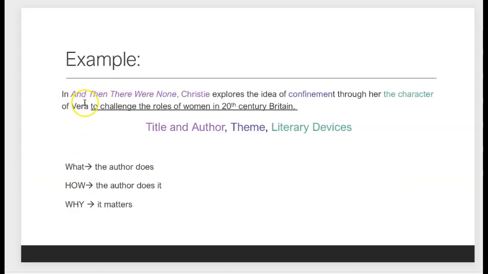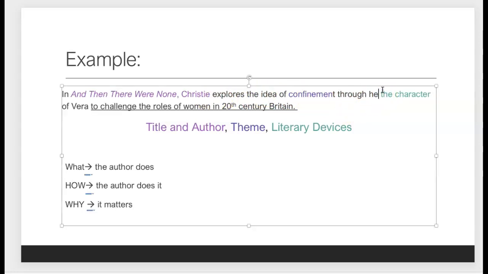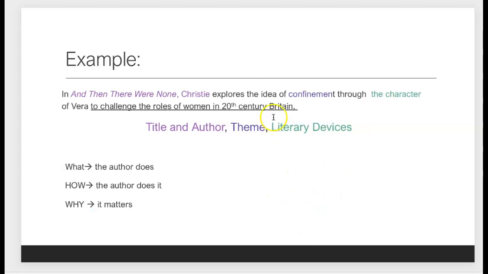Another example, in And Then There Were None, Christie explores the idea of confinement through the character of Vera to challenge the roles of women in 20th century Britain. Well, I have my title and my author, I have my theme, and I have my literary device.